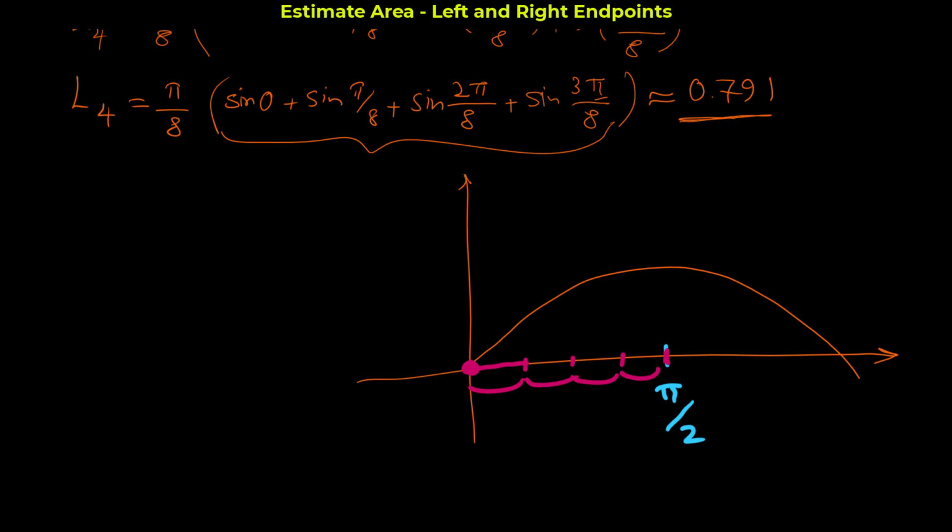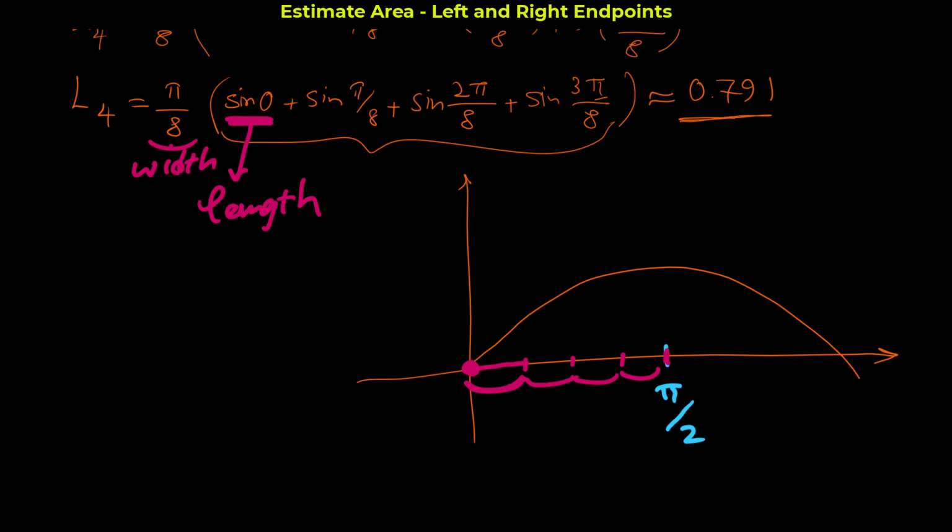And at this point the value of the function is 0. So basically we are not going to make any rectangle. It's a rectangle with the width of this size, and the length of the rectangle is basically 0. Attention, this is the width of your rectangle, and this is its length. What is sine of 0? 0. So basically we don't have any rectangle. It's a rectangle with length 0, so it's just a line.